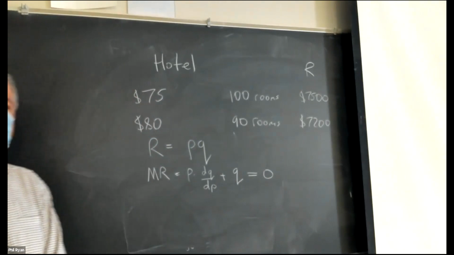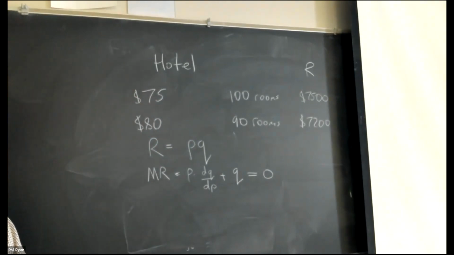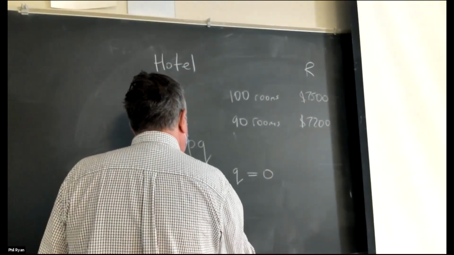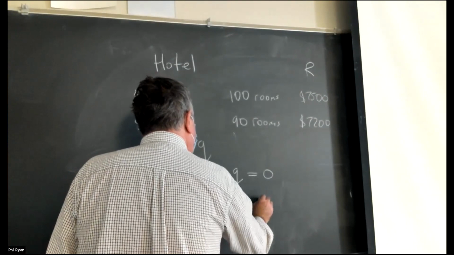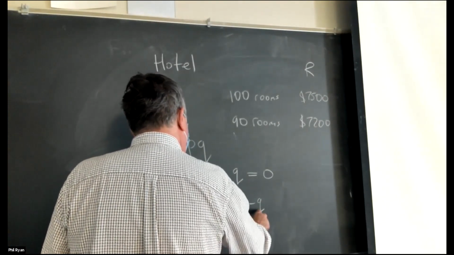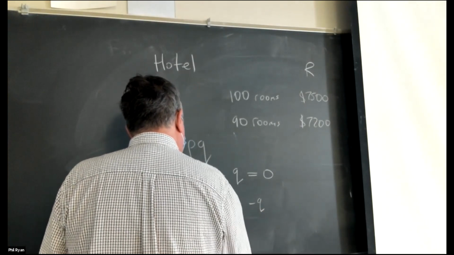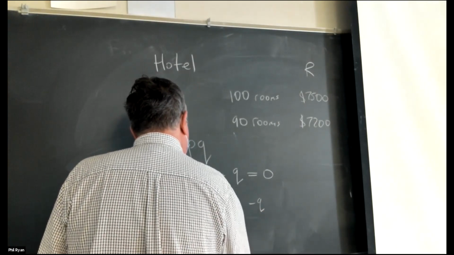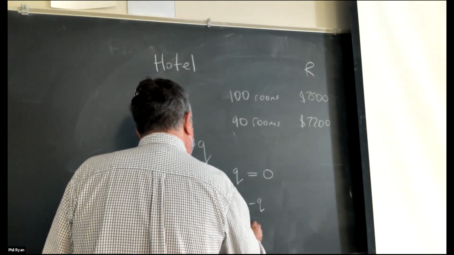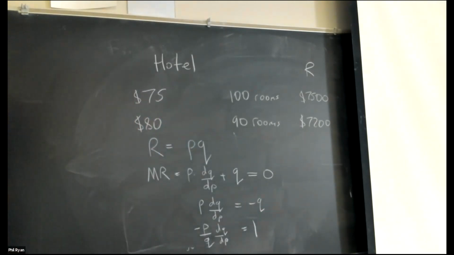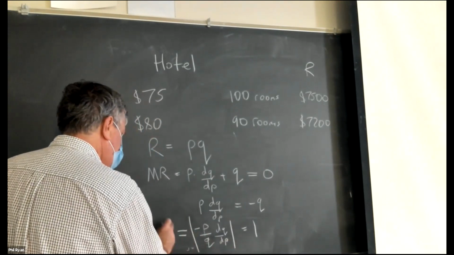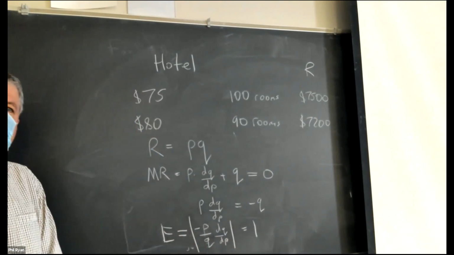So at the critical point for revenue, what happens? P times dQ/dP equals minus Q. Then if we divide by Q, we get P divided by Q times dQ/dP equals minus 1. But that's just elasticity.